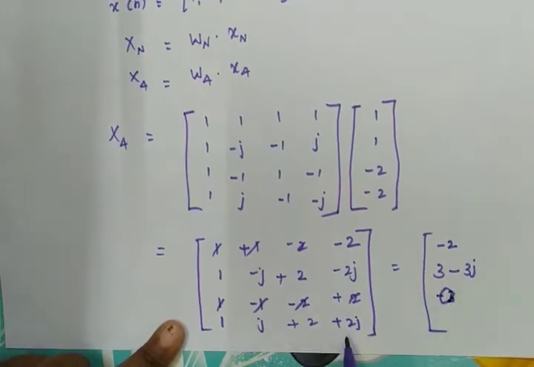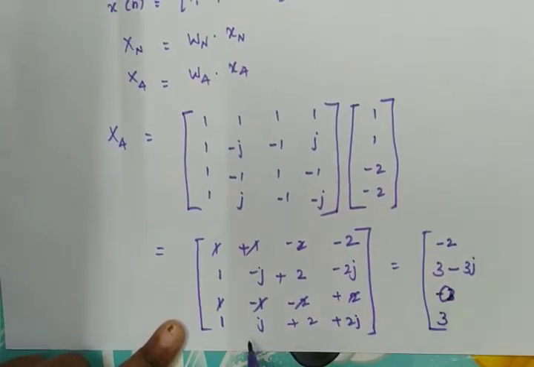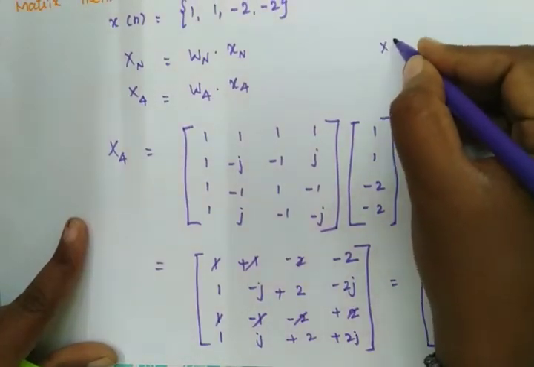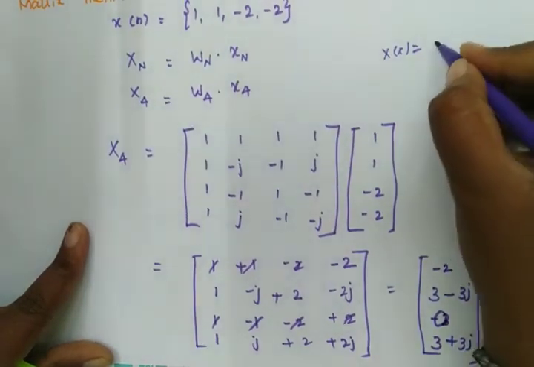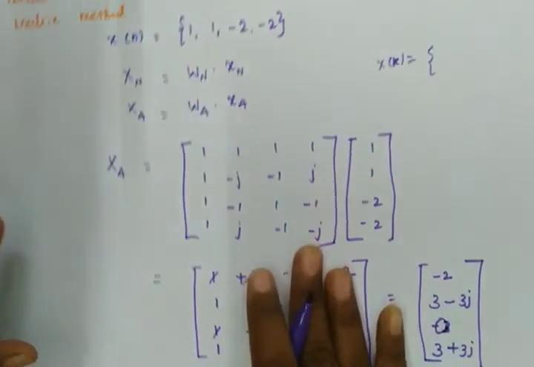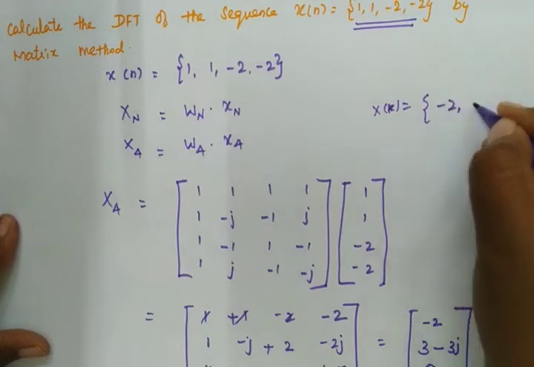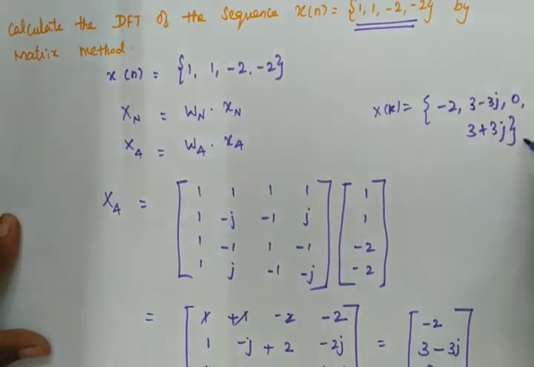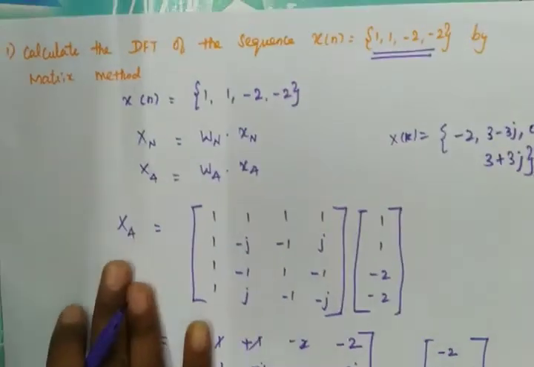Now it is plus 3 plus 3j. Therefore the answer is X of k equal to minus 2, 3 minus 3j, 0, 3 plus 3j. Actually this is the answer which we got in the direct form also.